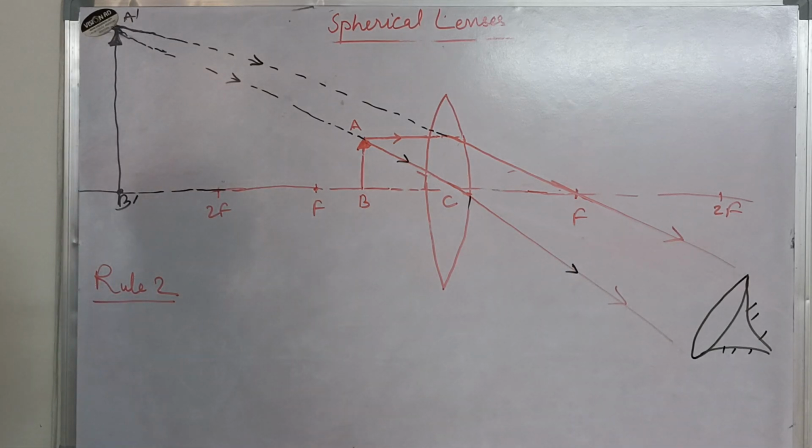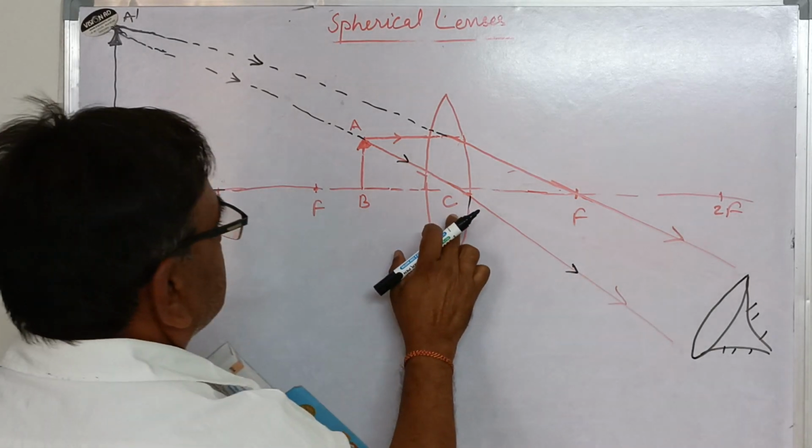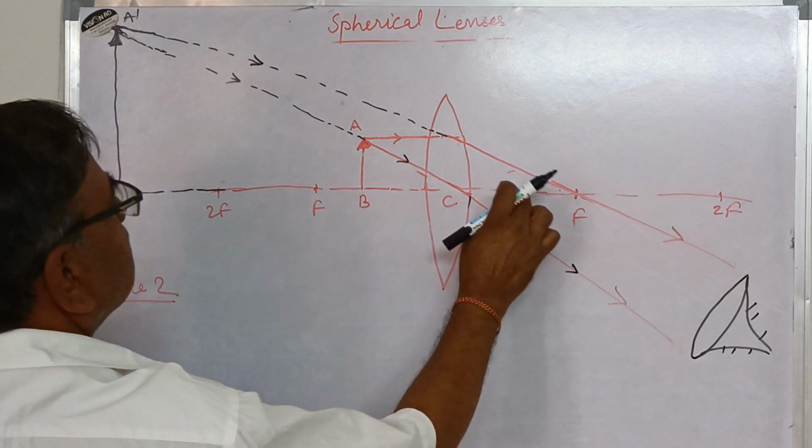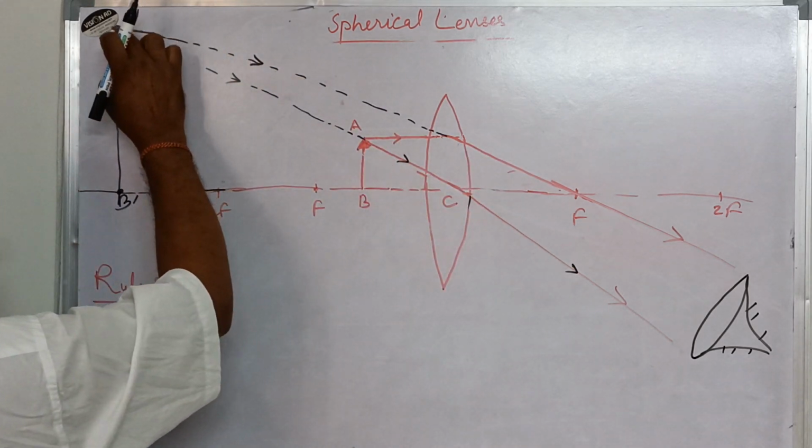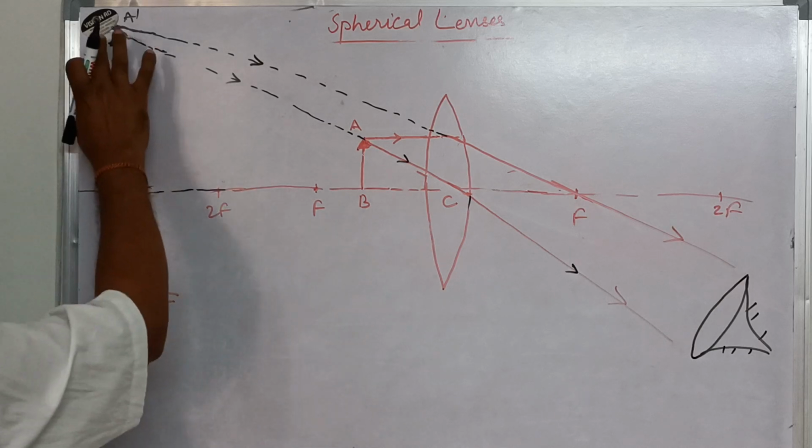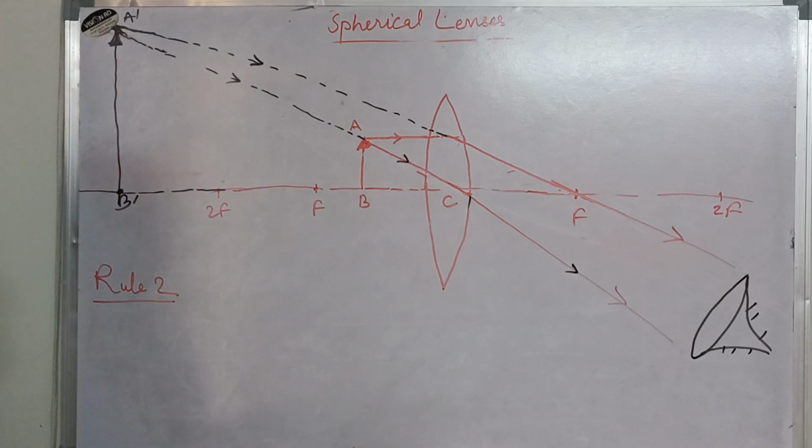So when the object is in between the optical center and focus, the image formed by the lens will be here, towards the object.